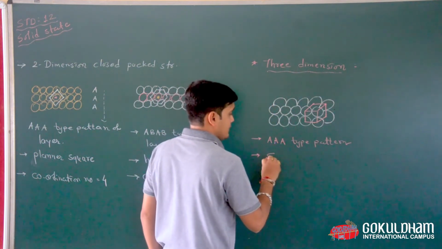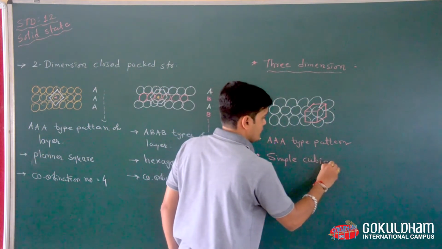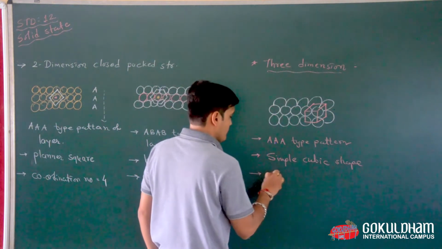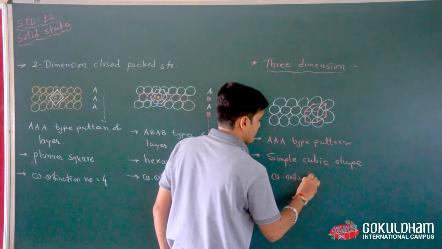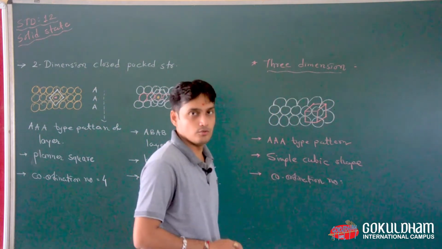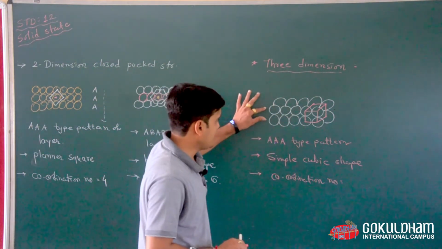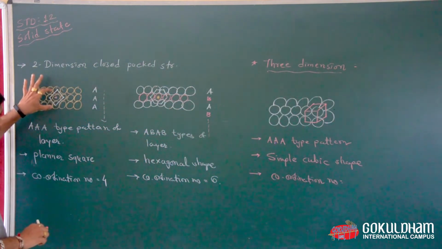The shape is a simple cubic shape structure. And what is the coordination number, which is not given to you in your textbook, but you see the AAA type, this AAA type is already discussed.